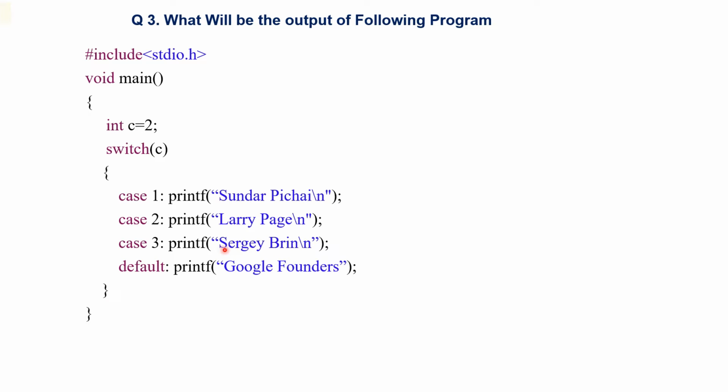So after Larry Page, Sergey Brin will be displayed. There is also no break statement, so after this the default block will also be executed, and next Google Founders will be displayed on the screen. Hence the complete output for this program will be Larry Page, Sergey Brin, Google Founders.